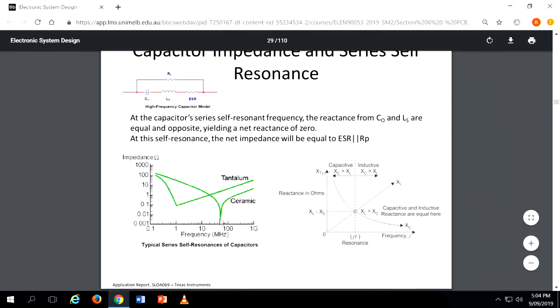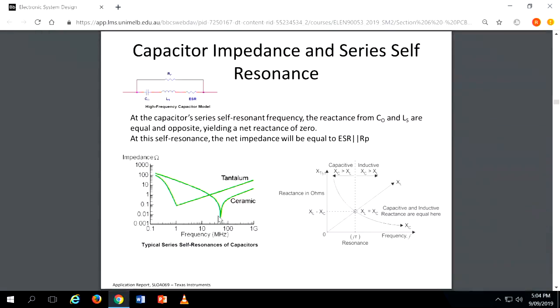At this point, the reactance of the capacitor is equal to the reactance due to the parasitic inductor in the capacitor, but both are in the opposite direction, because capacitive reactance and inductive reactance are in opposite directions, and that is the reason you are getting this low value. This is due to the series self-resonant frequency.